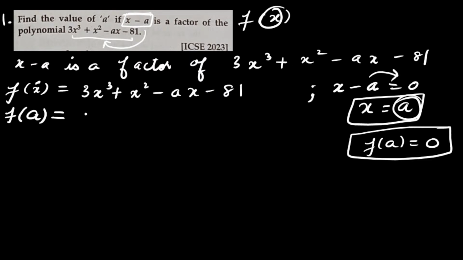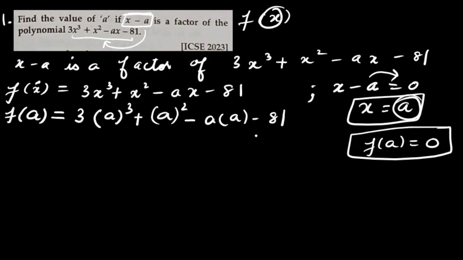So f of a is equal to 3 into, wherever there is x, you just have to substitute its value as a. So 3a cube plus a square minus a, again the x value is also a, minus 81.